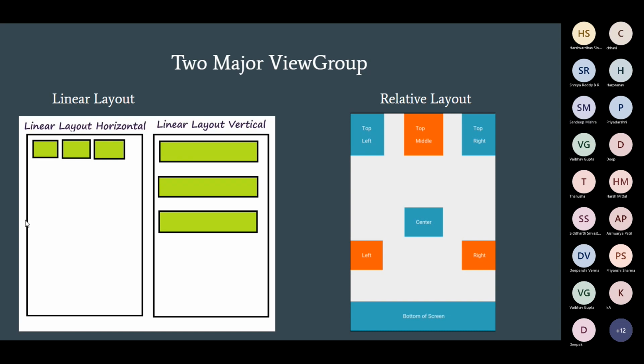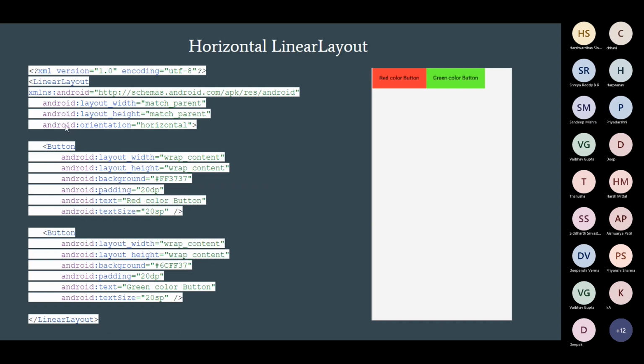So in this container, I am storing two of the child, like in the figure, it is two child. I'm wrapping these two child, and after that, I have to close this. So what it will do is it will create a linear layout of full width and full height. And in the full width, it will assign two buttons with wrapped content position.